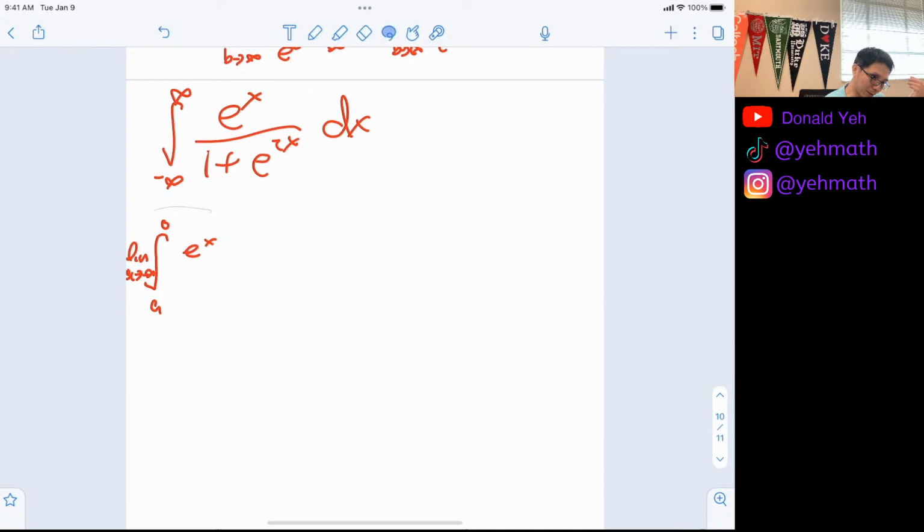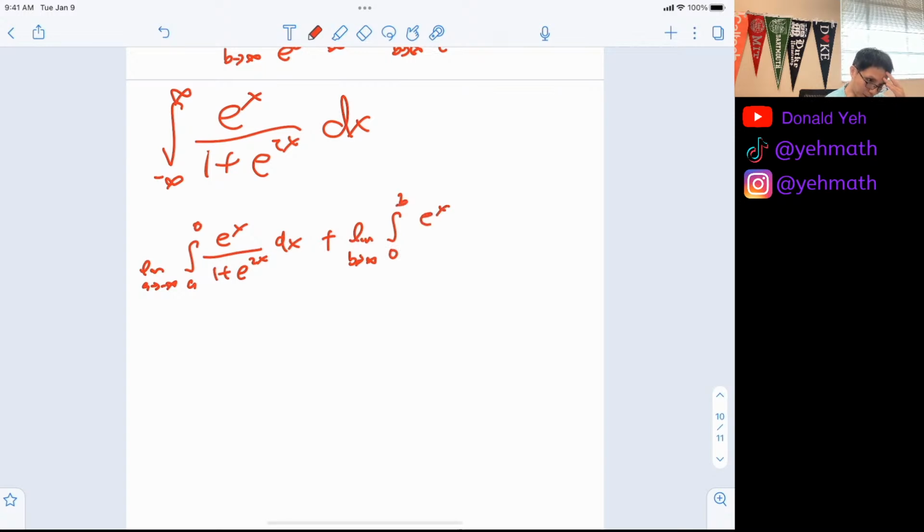Does that make sense? So I'm going to erase this. The limit as a approaches negative infinity of the integral from a to 0 of e to the x over 1 plus e to the 2x dx, plus the limit as b approaches infinity of the integral from 0 to b of e to the x over 1 plus e to the 2x dx.